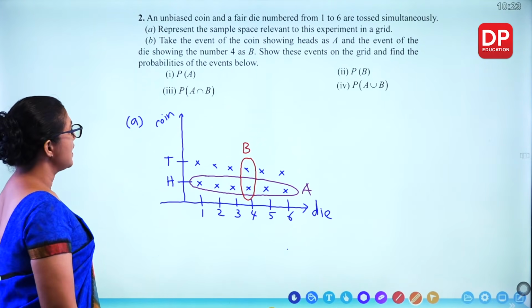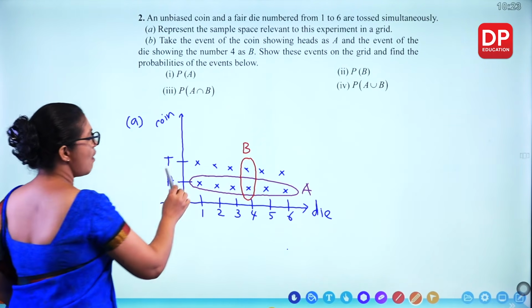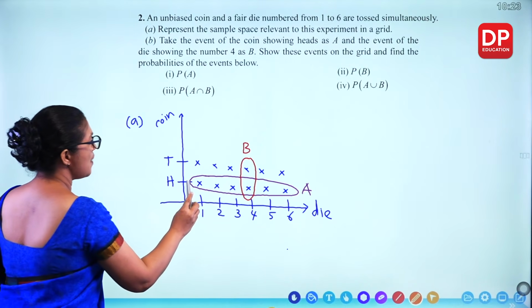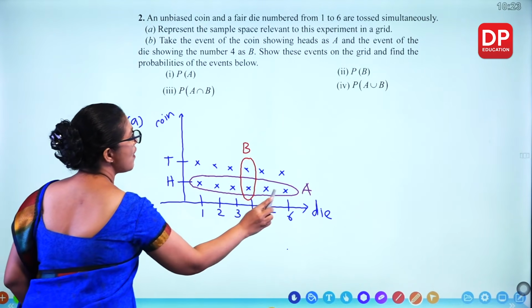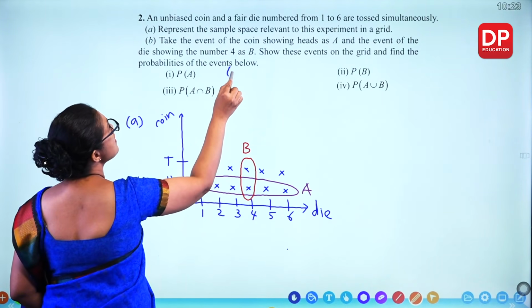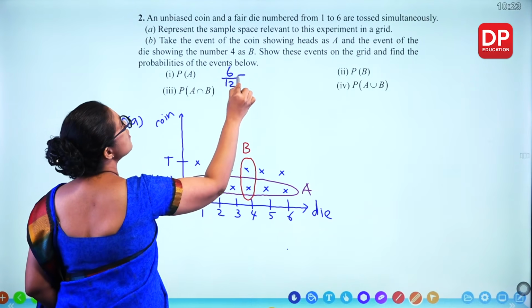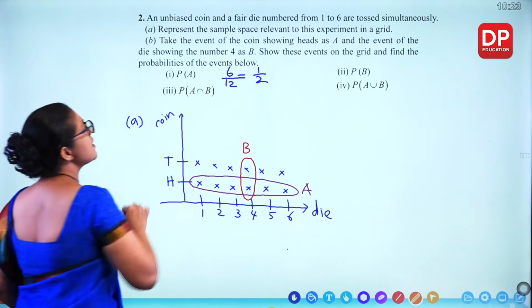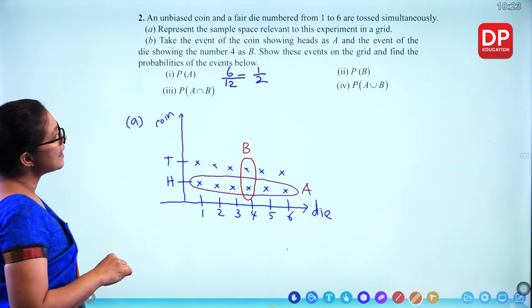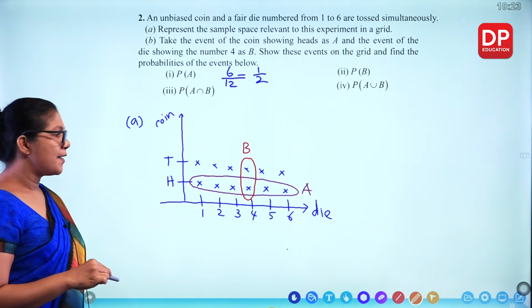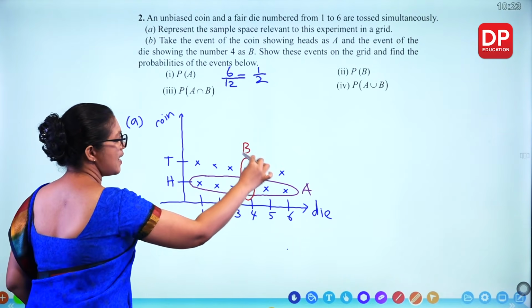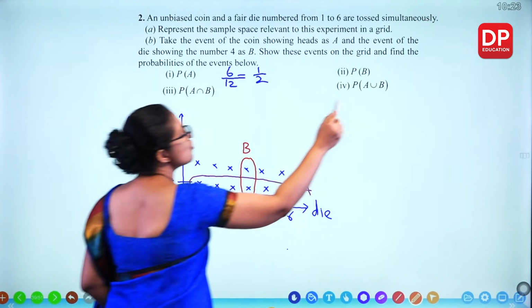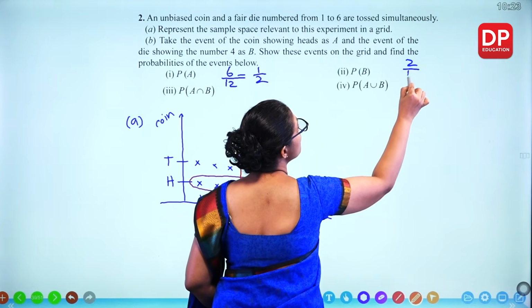Probability of A. Altogether 12 outcomes, and 1, 2, 3, 4, 5, 6 are there. So 6 out of 12. You can simplify and write half. Second one, probability of B. B has 2 outcomes, 2 outcomes out of 12.